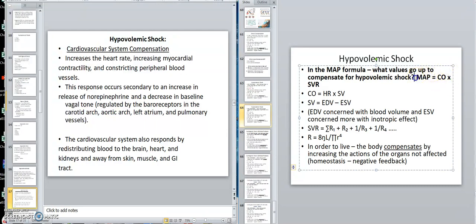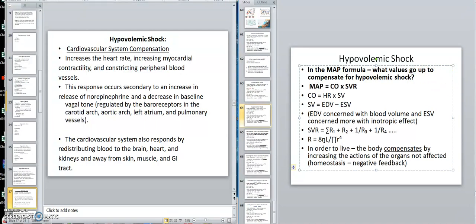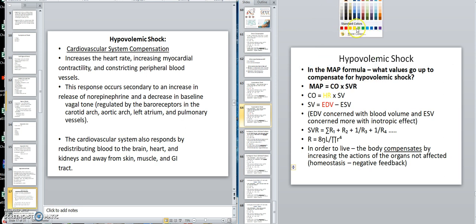So we said that EDV, which I'm putting in red, went down. That's what went down. What could go up to help us? Well, if this goes down, one thing that could help us is an increase in heart rate. Let's put that as a nice green.